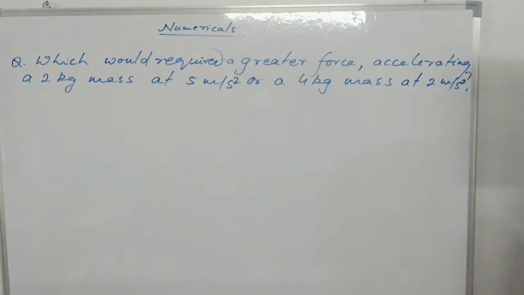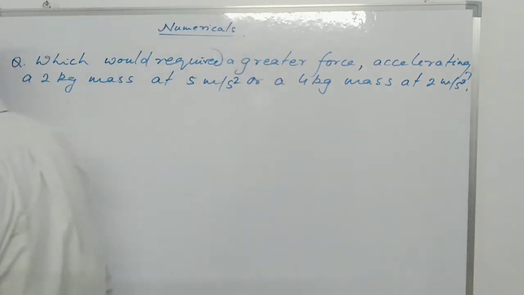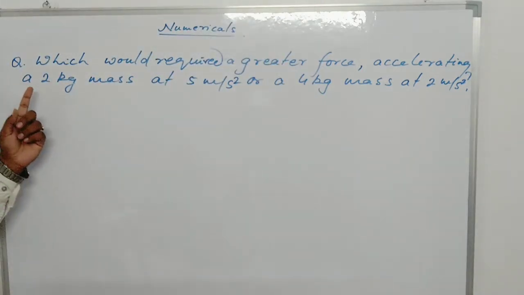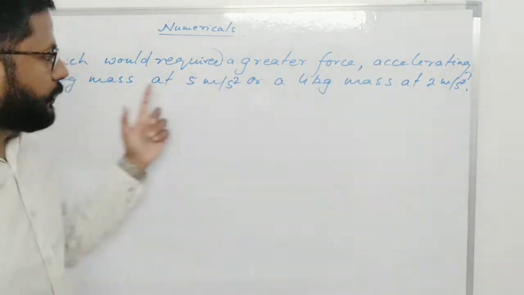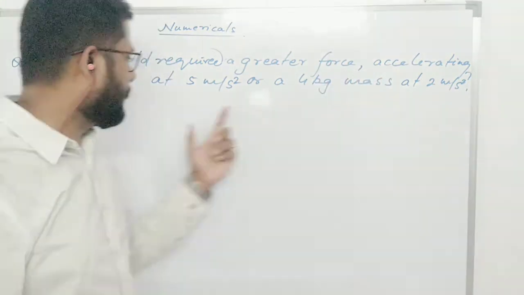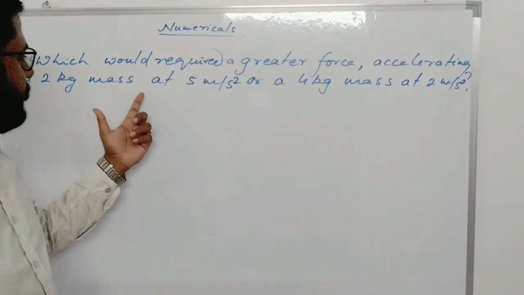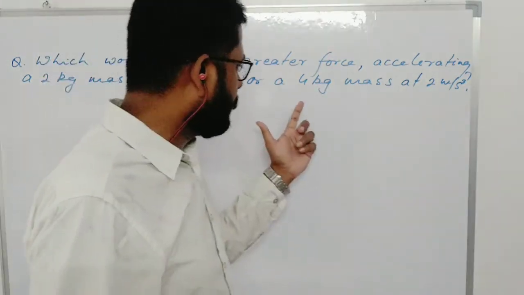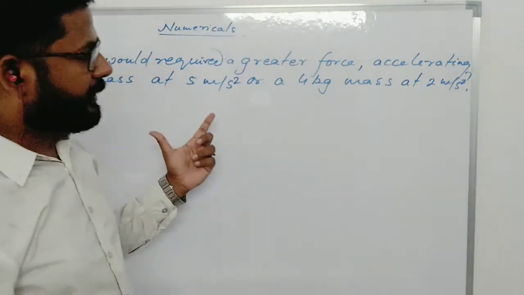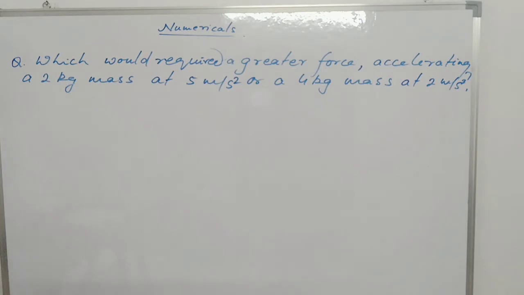In the previous question, we compared momentum. In this question, we compare force. See, what is the question? Which would require a greater force: accelerating a 2 kg mass at 5 meter per second square, or a 4 kg mass at 2 meter per second square? Got it?